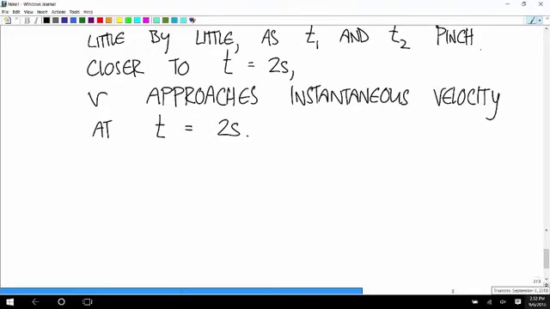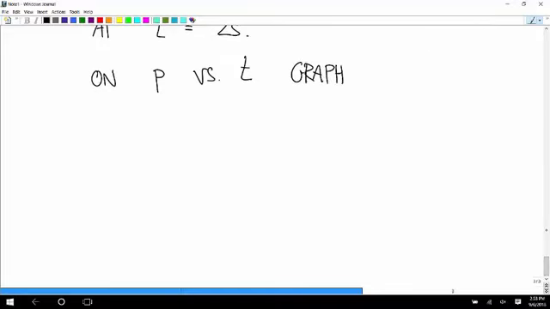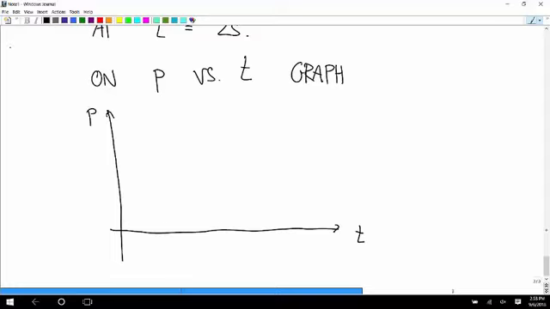And what it looks like on a position versus time graph. Let's say that we have time on the x-axis, position on the y-axis, and our function looks something like that.